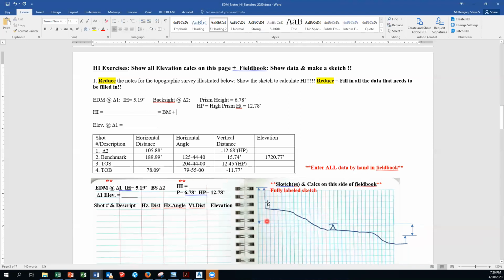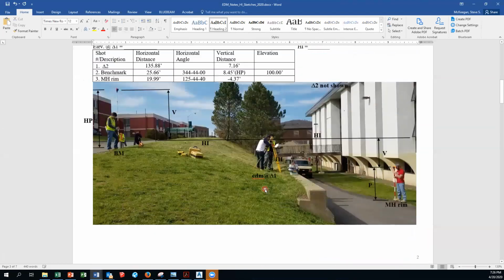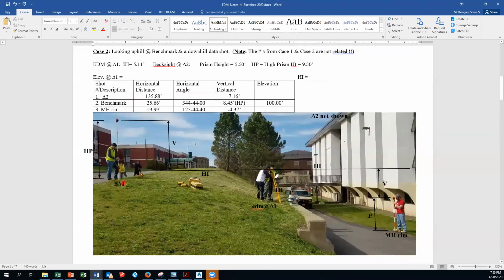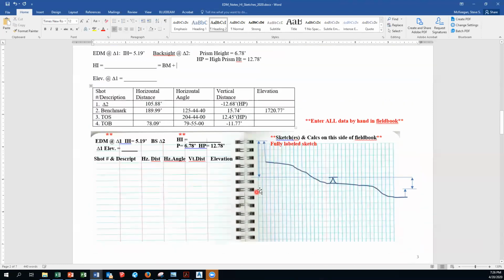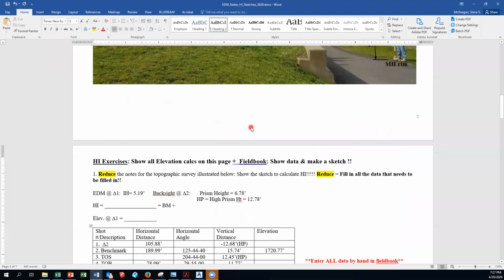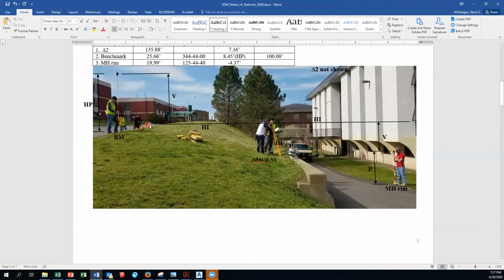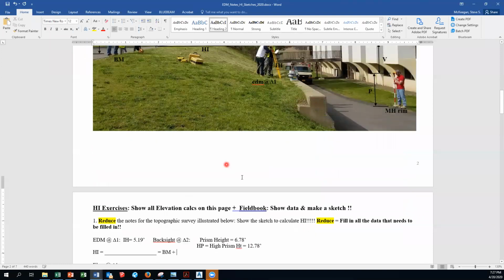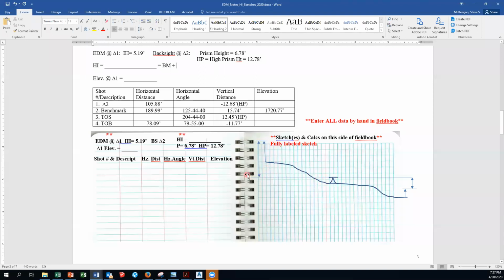This is the prism height right here. Now this HI is not hitting at the benchmark. Some of you made that mistake, you had this HI going right into the benchmark. It doesn't happen that way. Our HI is a little bit above the benchmark. Here, the HI is a long way below the benchmark.